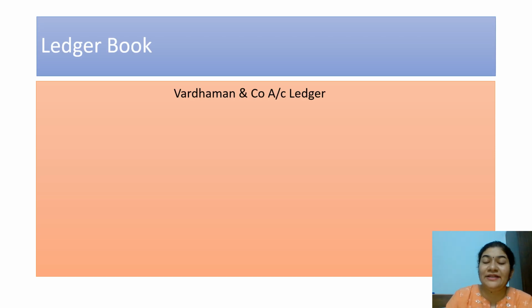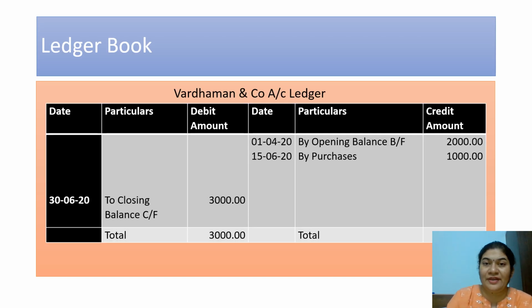Now, as I said, there will be two ledgers. So we will have another ledger, the Vardhaman and Company ledger account. Here, as you can see, there is an opening balance.